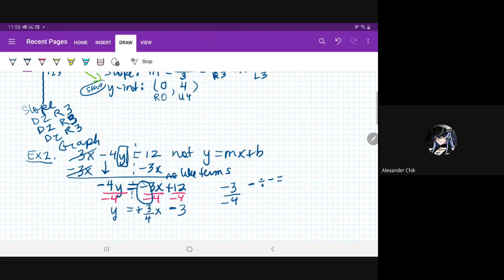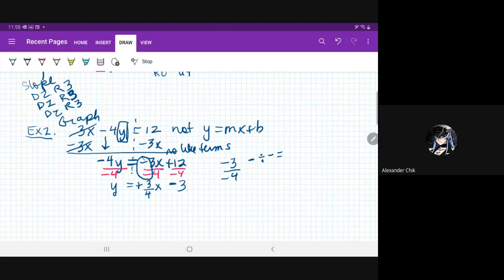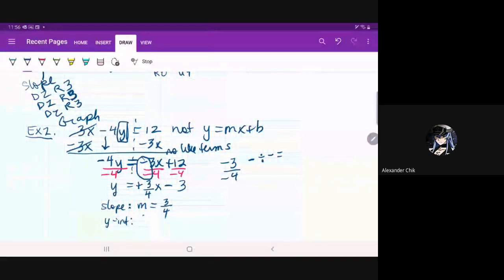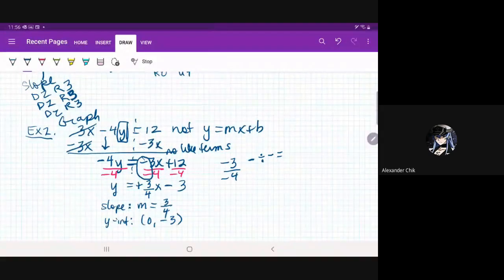And then the minus 3 is just because 12 divided by negative 4 is negative 3. Okay, so slope is m equals 3/4, and the y-intercept is (0, negative 3), right? Right 0, down 3.